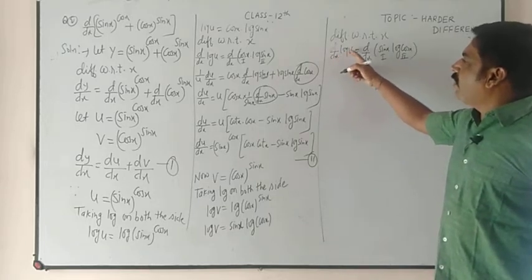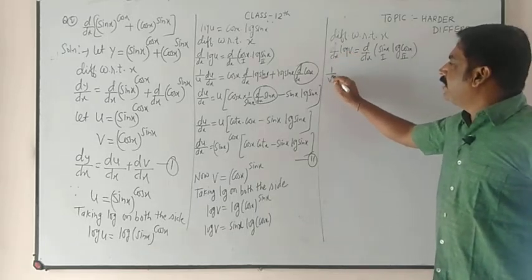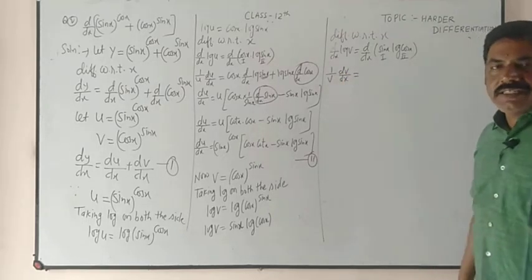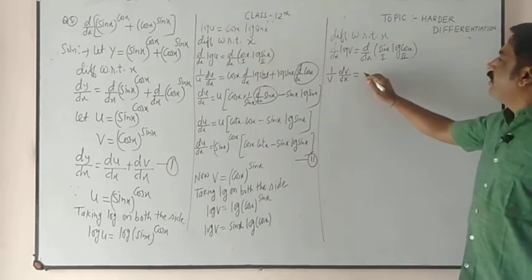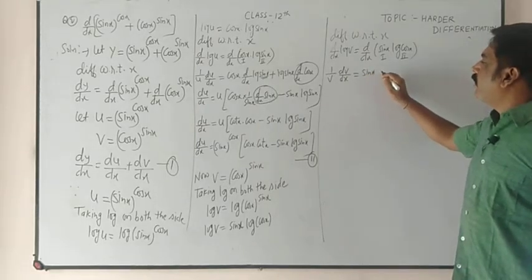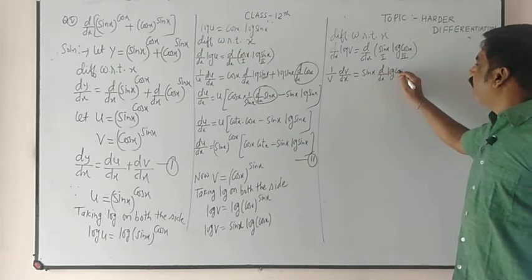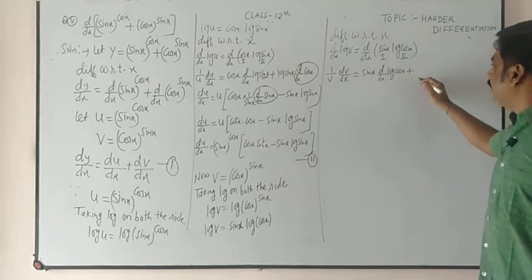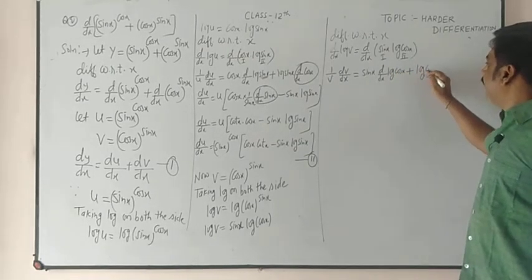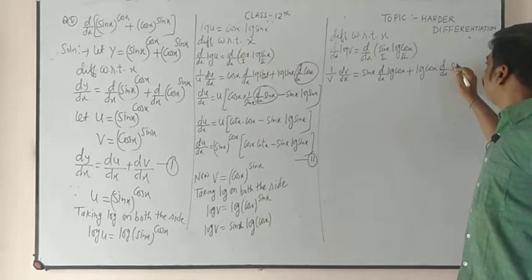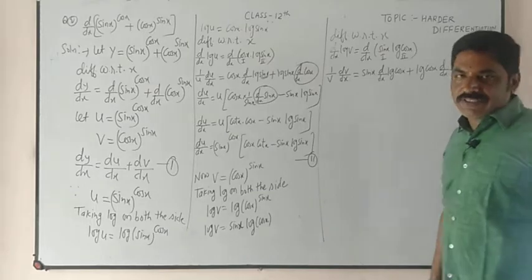So differentiation of log v with respect to x is 1 upon v dv by dx. Now apply the product rule: first function into differentiation of second function plus second function into differentiation of first function.